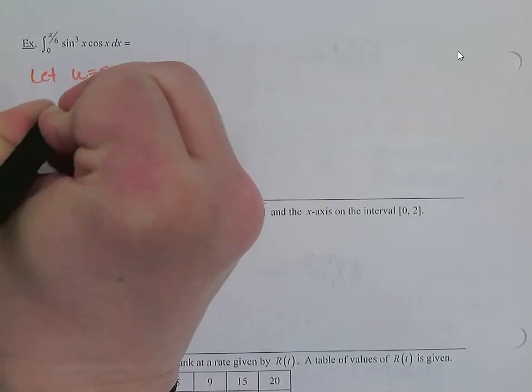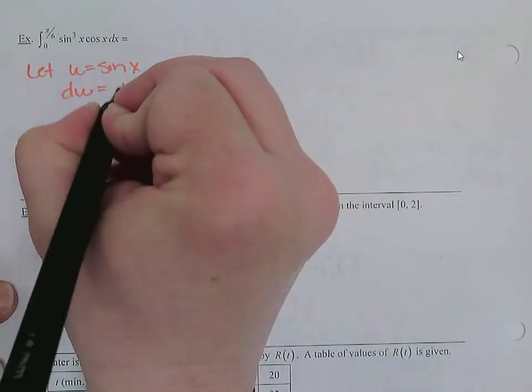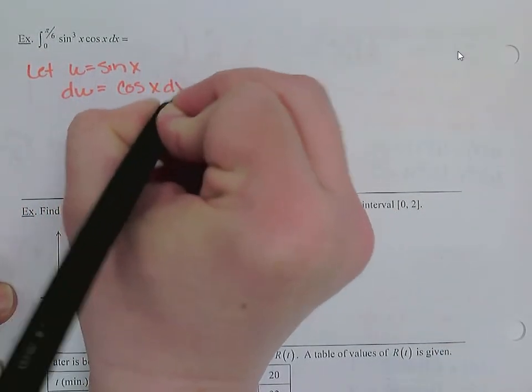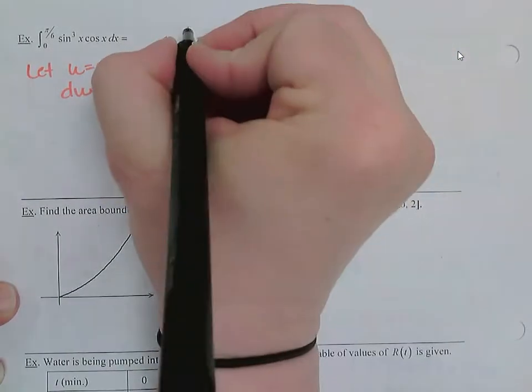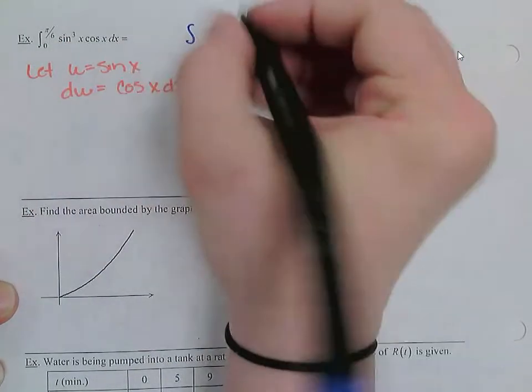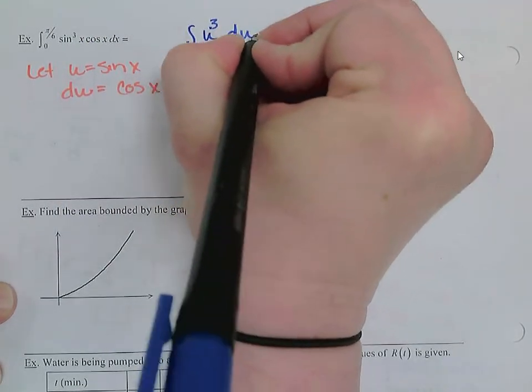So then du is cosine x dx, so that I can rewrite this as u cubed, and cosine x dx is du.